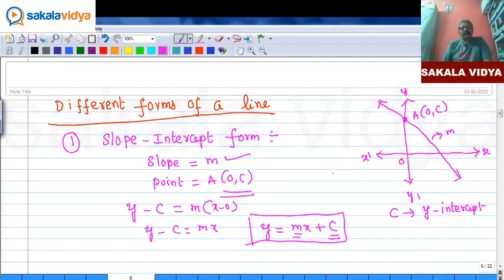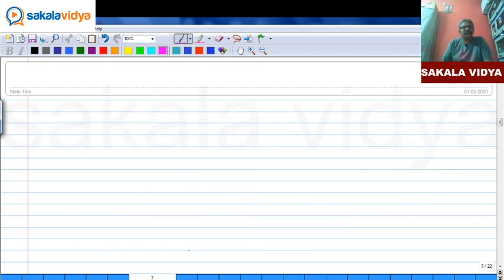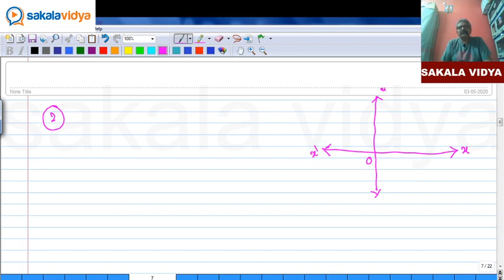And moreover, one more thing you can remember. For example, second concept: this is the origin, x, x dash, y and y dash. Suppose this time the line cuts the x axis at (a, 0) having slope m.